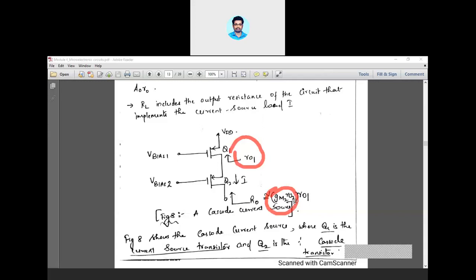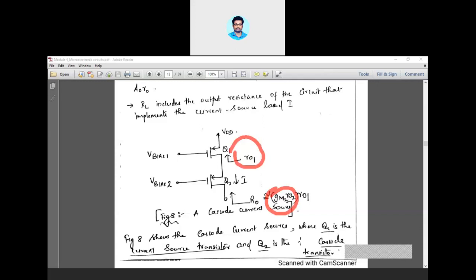So keep it in mind that the cascode amplifier will act as a beneficial one only if the output resistance is enhanced. That output resistance can be enhanced if you combine these two configurations in this particular way. How is it being enhanced? It will enhance the output resistance to A0 into R01, where R01 is the output resistance of the typical common source.